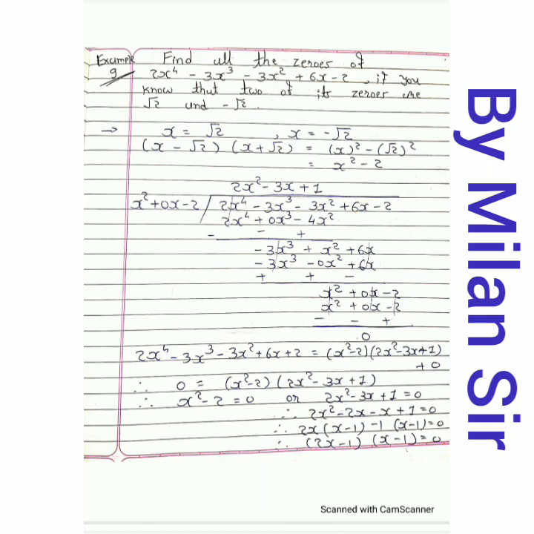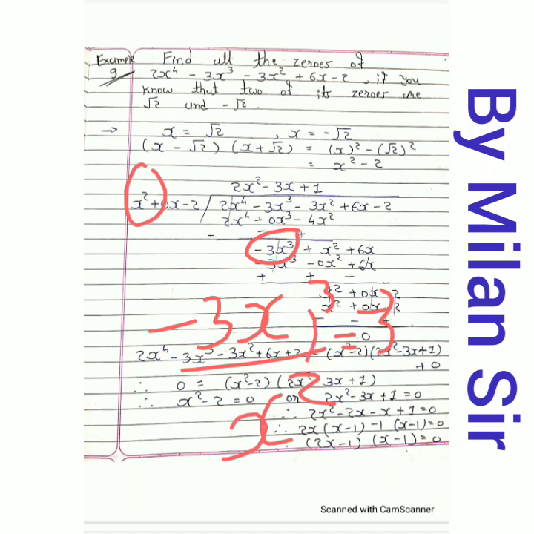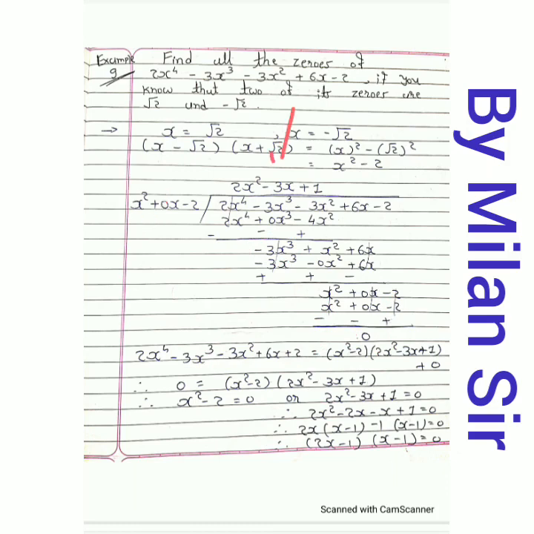Now again, here minus 3x cube divided by the first term x square. So minus 3 as it is, and exponent 3 minus 2 is 1. That means minus 3x. So I have written here minus 3x. Now multiply minus 3x with this polynomial. So x square into minus 3x is minus 3x cube.